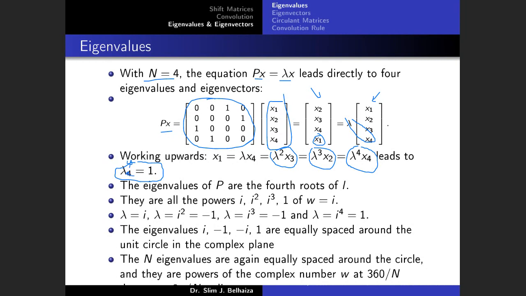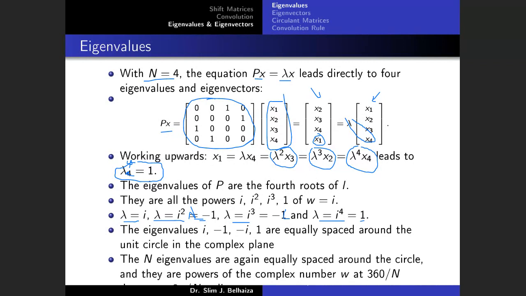And that means that you have 4 possible values for lambda in the complex set. So either lambda is equal to i, lambda is equal to i squared, which is equal to -1, or lambda equals i cubed, which should be minus i. This is a mistake.